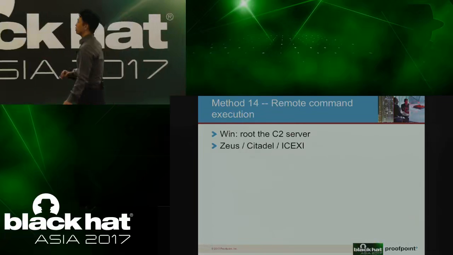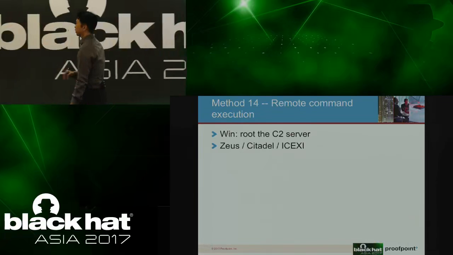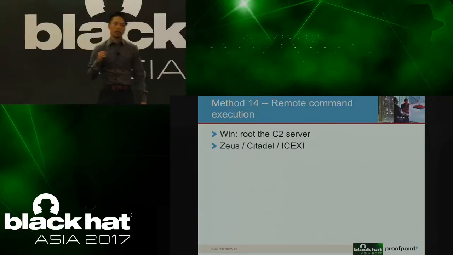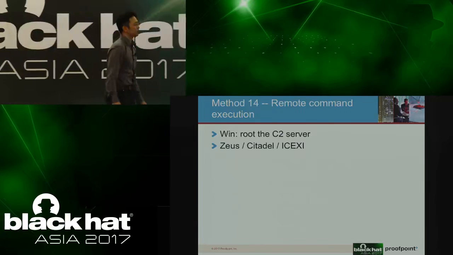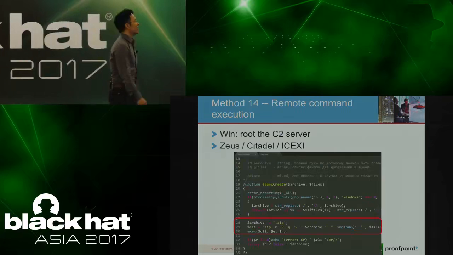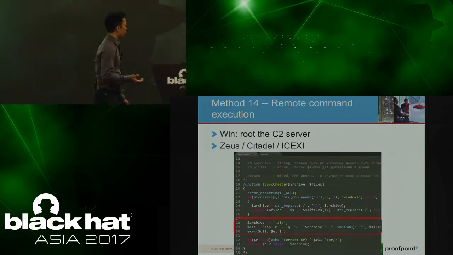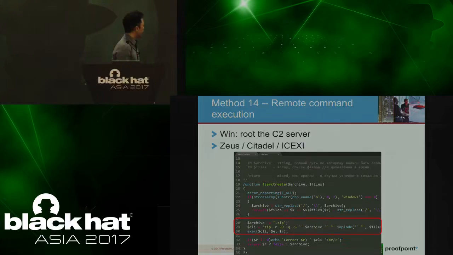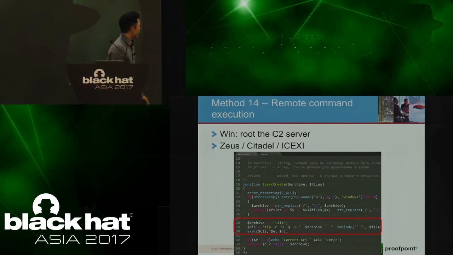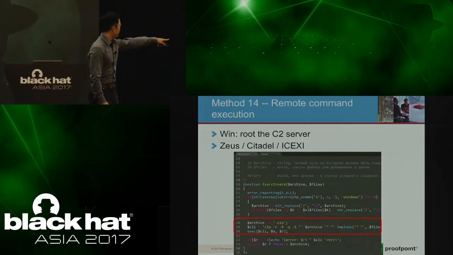Method 14, remote command execution due to coding error. And we found that the Zeus, Citadel, or IC11 actor had a vulnerability that allowed remote code execution. You can see here that it's constructing commands, and it's using the variable files to construct a command called CLI, and then executes that command.